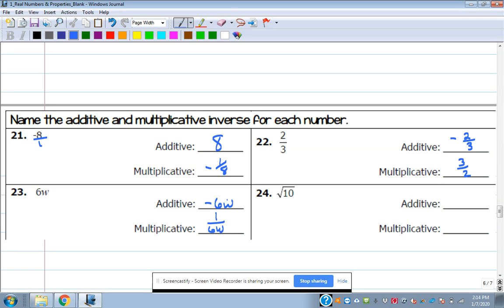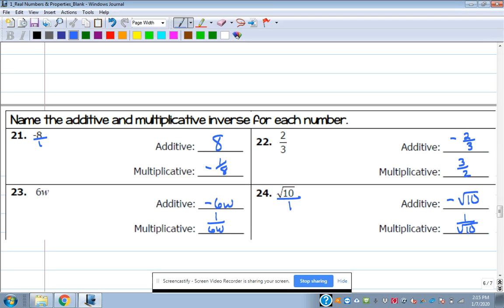Don't put your w out beside it. Last one's got a square root in it. That's okay. Just put a negative sign in front of it for the additive inverse. The multiplicative inverse, flip that over, it'd be 1/√10. And that's all. I'm not going to make you rationalize that yet. We'll get to those plenty when we get into the complex number system. We'll do some rationalizing.